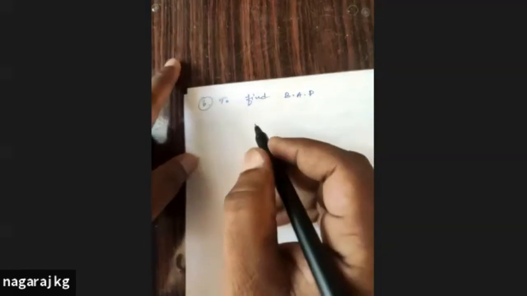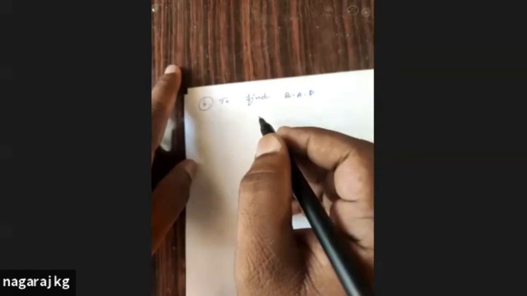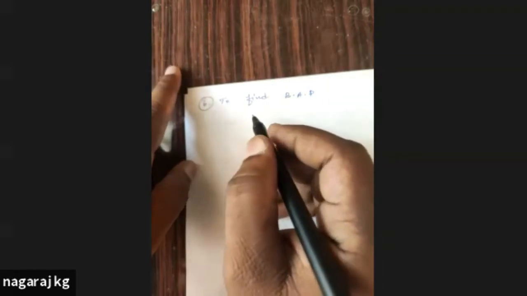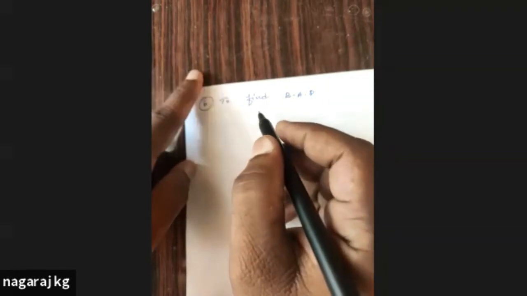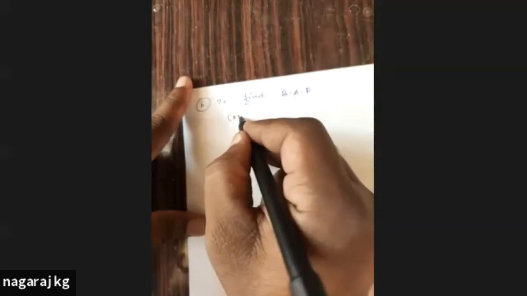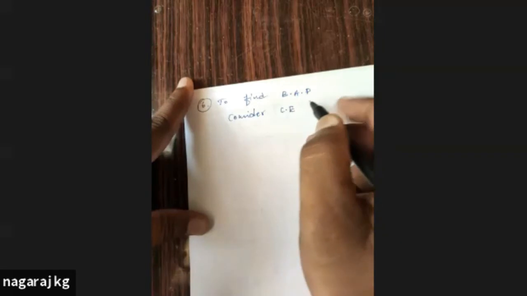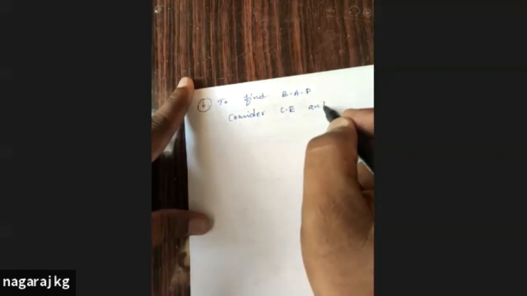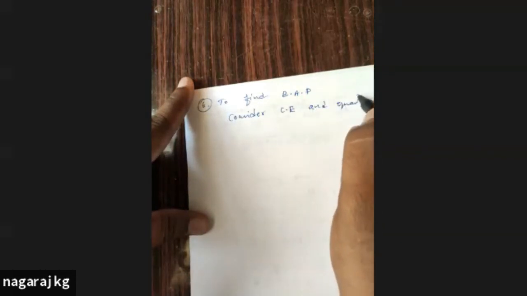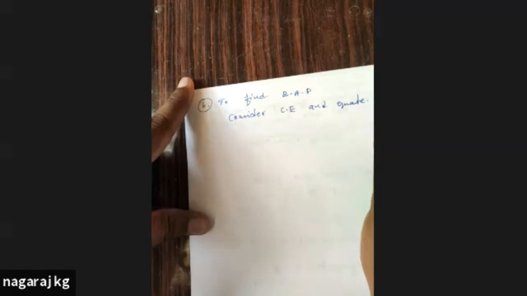For the breakaway point, you have to go for the characteristic equation, and from the characteristic equation, you have to find dk divided by ds and equate it to 0.